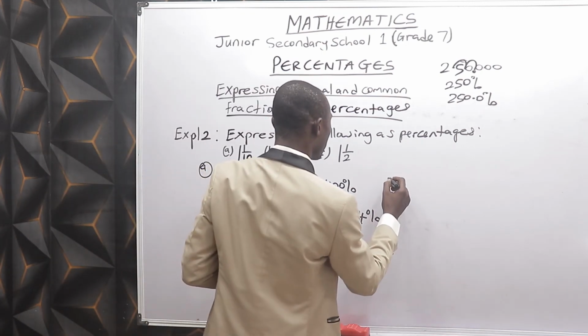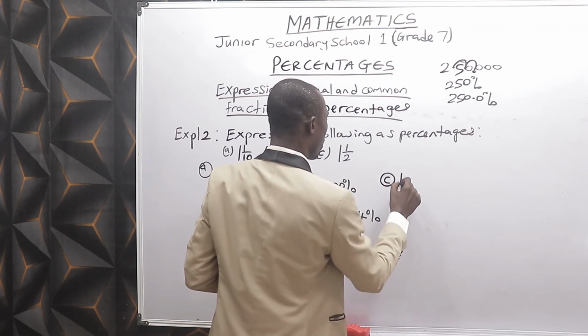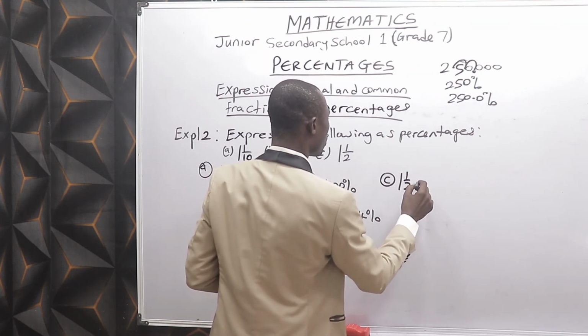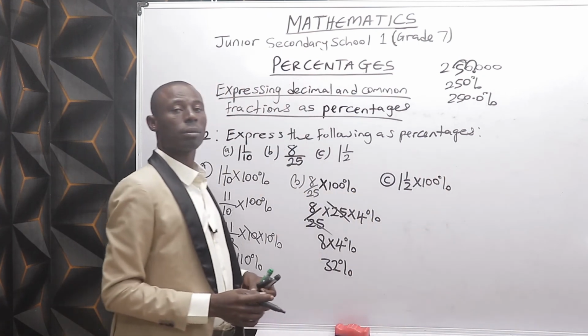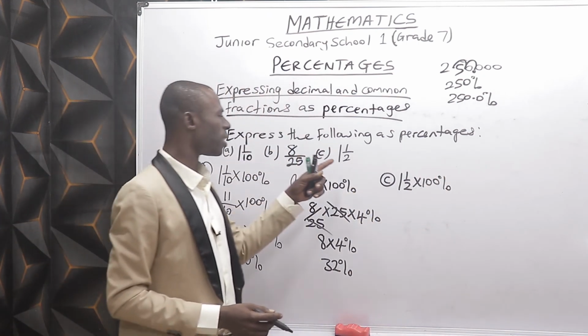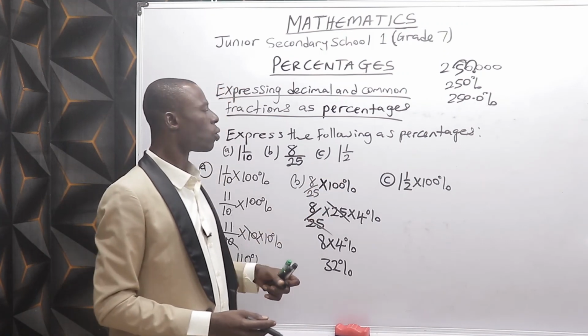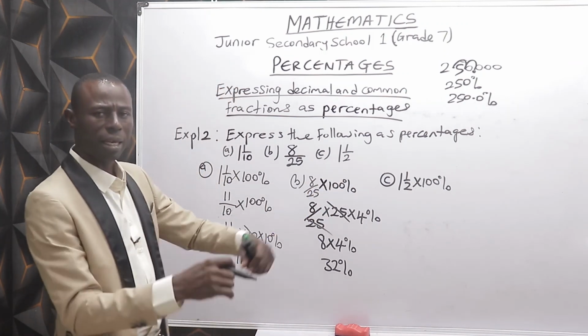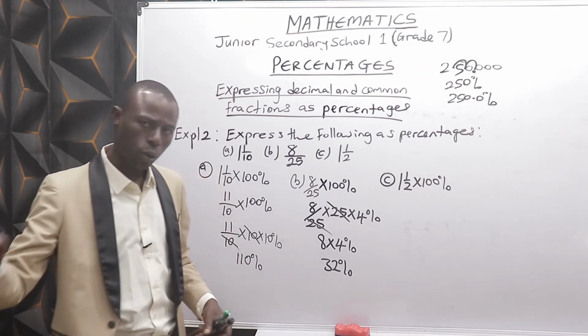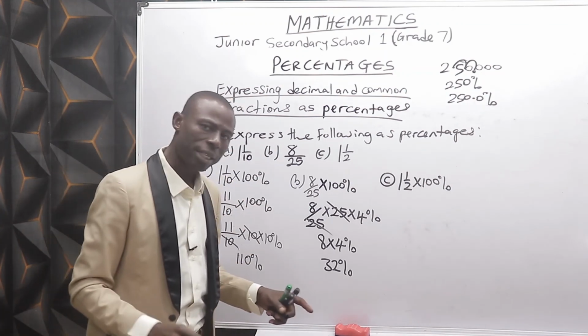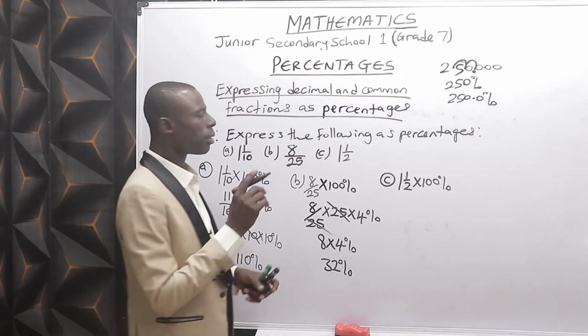And finally, question C, 1 and 1 over 2 times 100%. Because we want to convert this fraction 1.5 to percentage, we have to multiply it by 100%. Anything you want to convert to percentage must be multiplied by 100%.